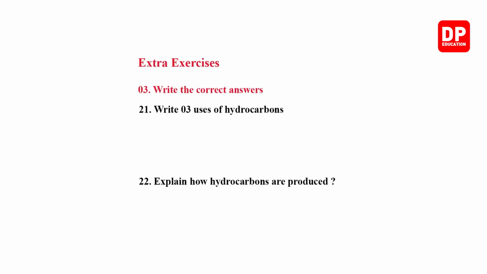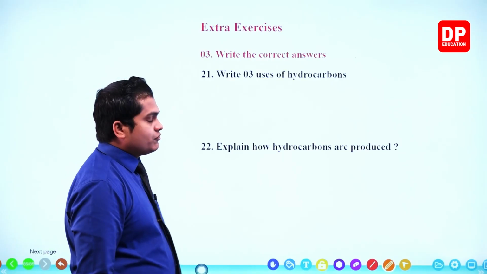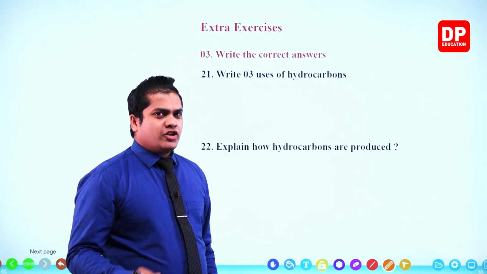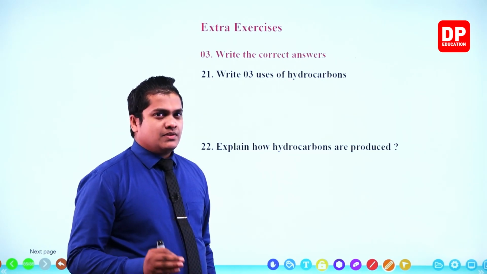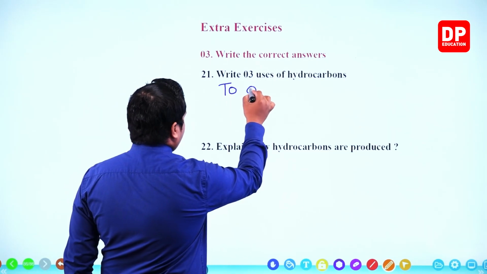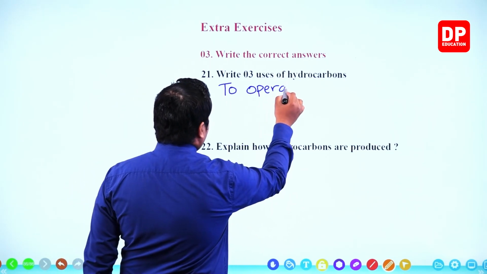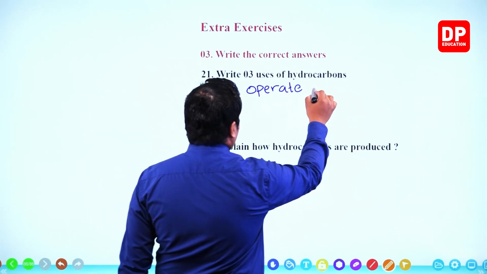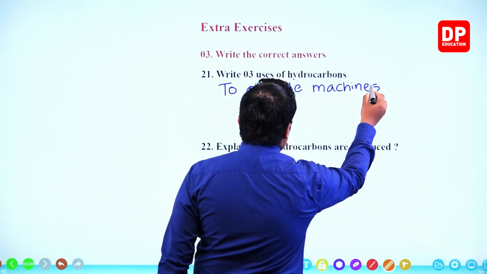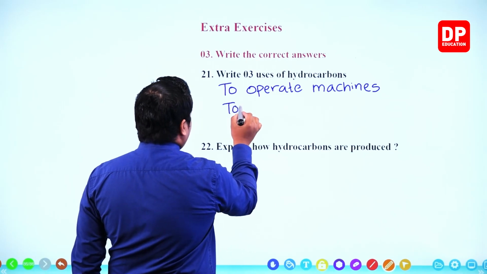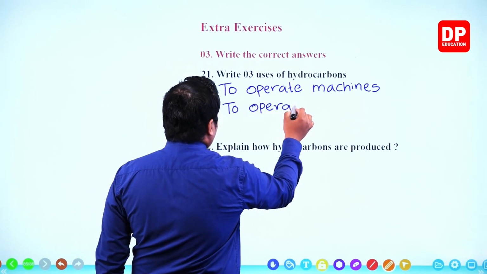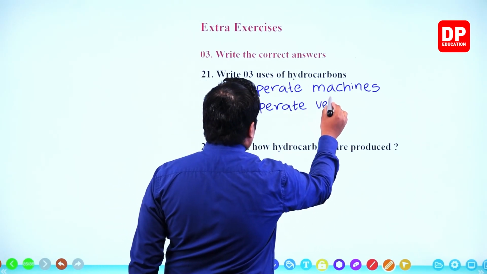Write 3 uses of hydrocarbons. Very simple, my dear children. To operate machines, we use hydrocarbons as a fuel. Then, to operate vehicles.